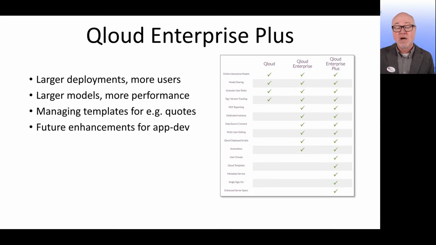And often what they're doing there is so-called configure, price, and quote, or CPQ. I think Lindsay's going to say a few words about CPQ a little bit later on this morning. But basically, the idea is you might take a template with a quote model and then make a copy for a new customer and share that with them on the cloud.